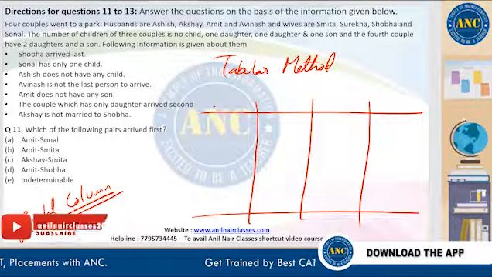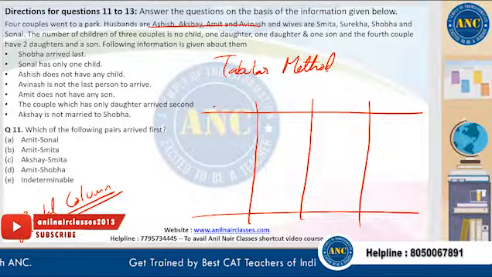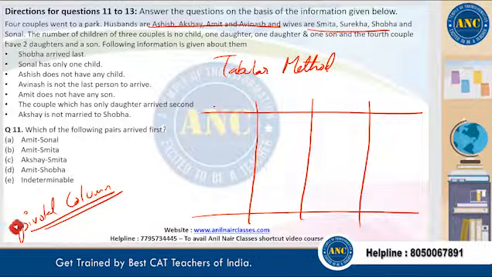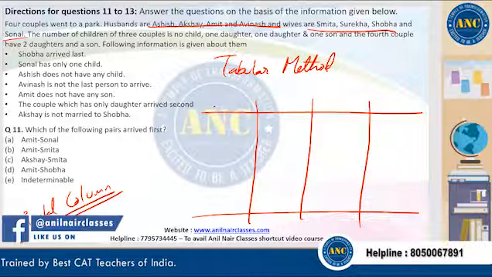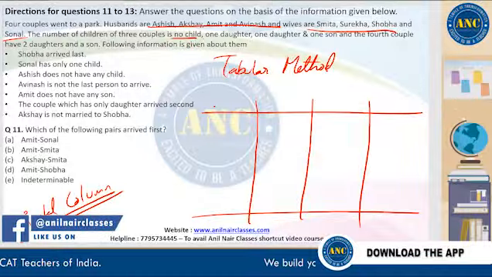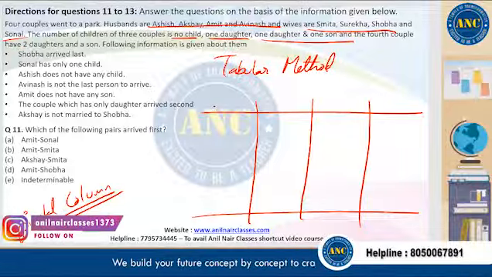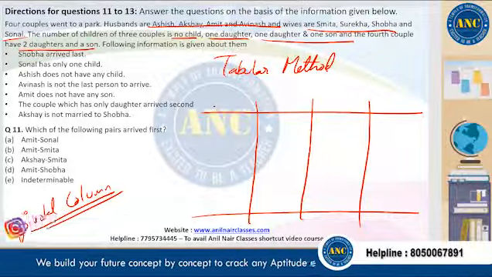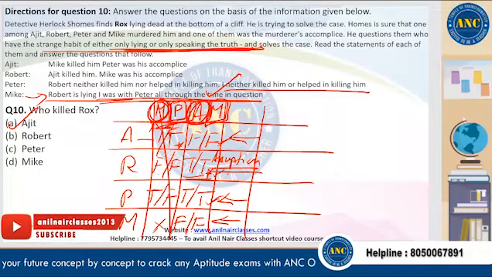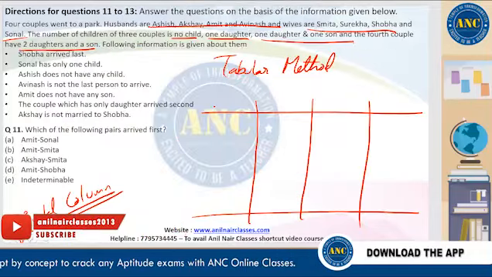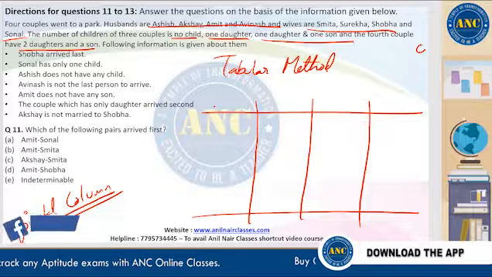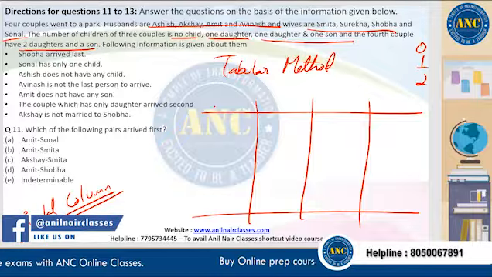You read the statement. Let's read the statements together. There are husband names, wife names. The number of children is no child, one daughter, one son, and the fourth couple has 2 daughters and a son. So the number of children is either 0, 1, 2, or 3.